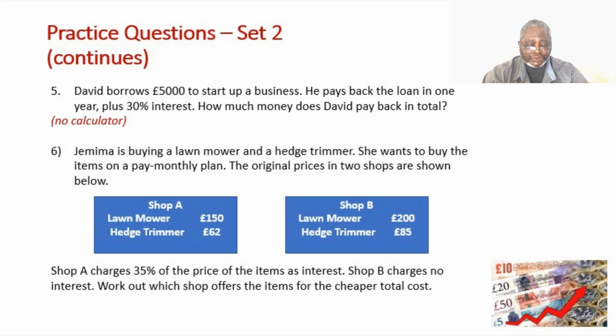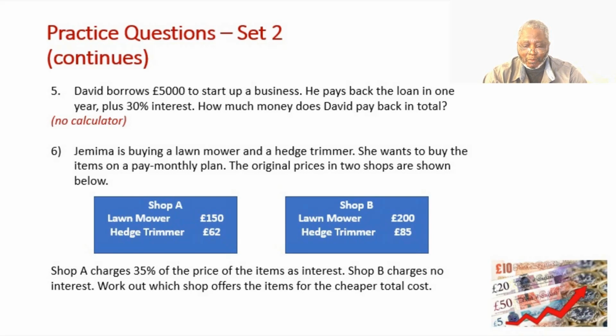And then question 6, you have to compare the prices of 2 shops. Jemima is buying a lawnmower and a hedge trimmer. She wants to buy the items on a pay monthly plan. The original prices in 2 shops are shown below. Shop A, lawnmower, £150, hedge trimmer, £62.